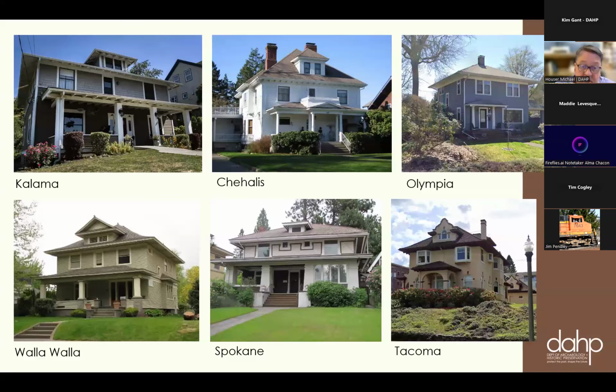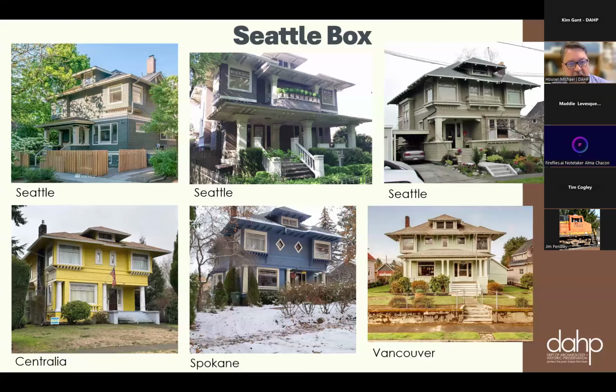And in Washington State, you might have heard the term Seattle box, referring to the American Foursquare design. The unique part about this design, although it's not really that unique to Seattle, as you can see here, is these little second floor overhanging extended corner boxes.